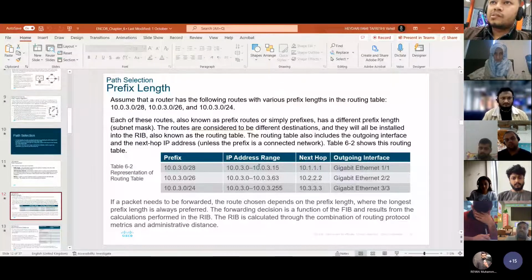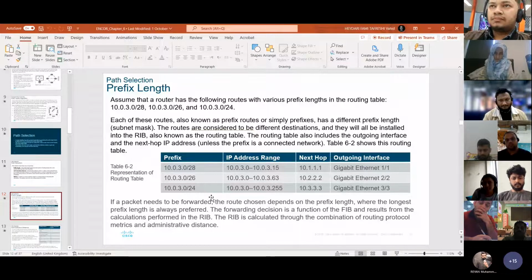So again, that's the third rule that you have learned now: a more specific prefix length is preferred. So three rules we have learned so far. The lower the AD, administrative distance, the better the route. The second rule is the lower the metric, the more preferred the route or the path is.